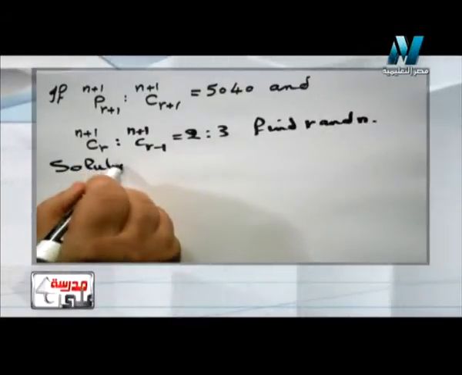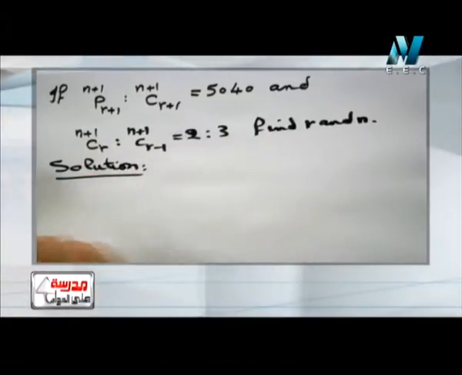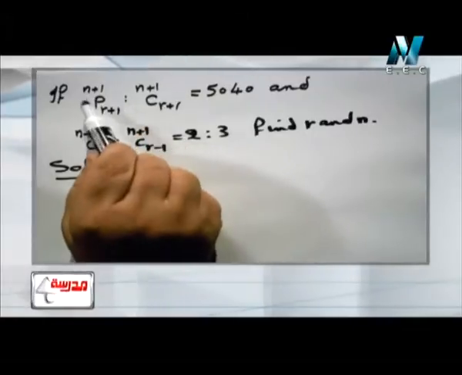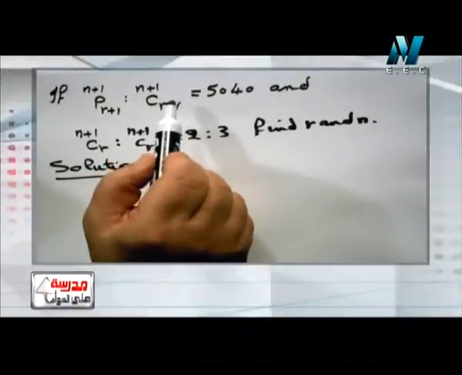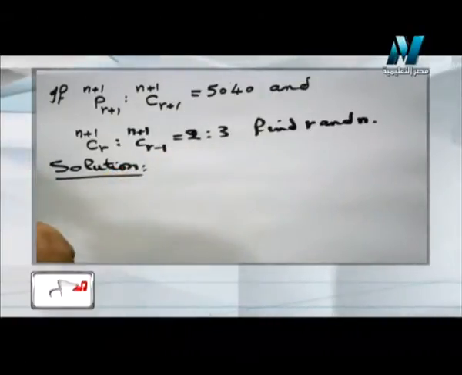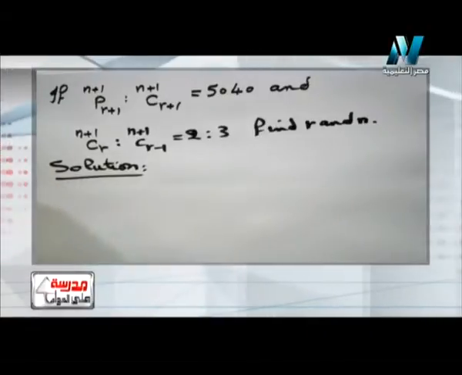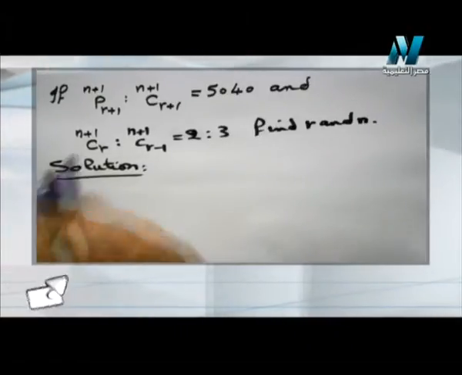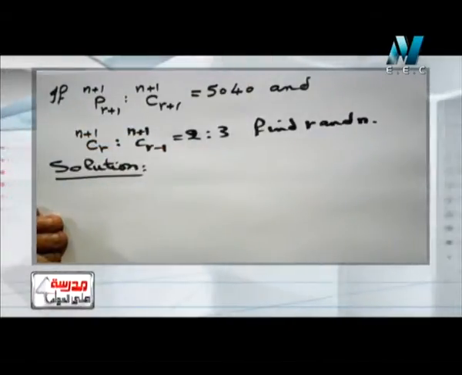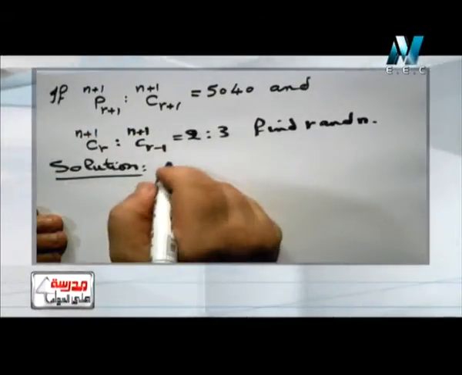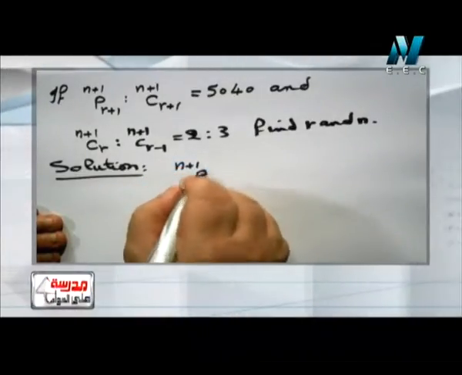My dear, he says that (n plus 1)PR plus 1 over (n plus 1)CR plus 1 equals 5040. Well, I can expand (n plus 1)CR plus 1 using permutation. How? It is (n plus 1)PR plus 1 over factorial R plus 1.